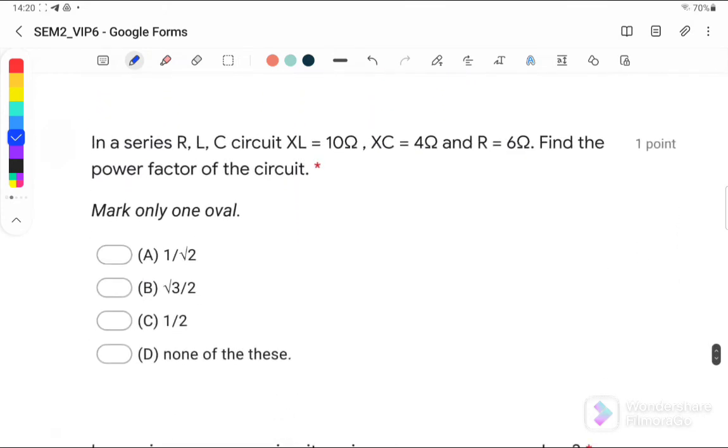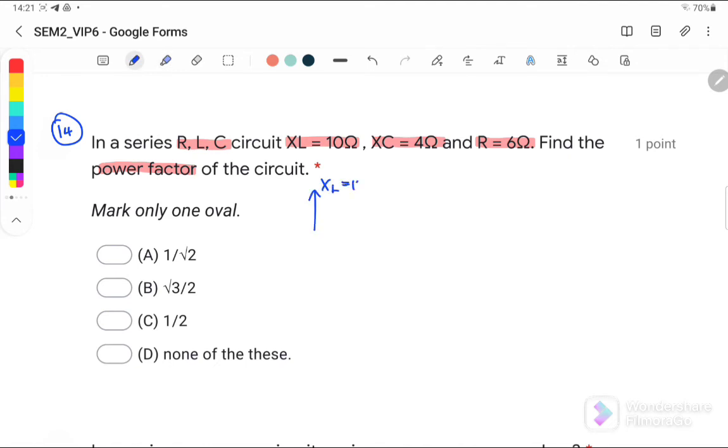Next we go to question number 14. In a series RLC circuit, XL is 10 ohm, XC is 4 ohm, and R is 6 ohm. Find the power factor of the circuit.